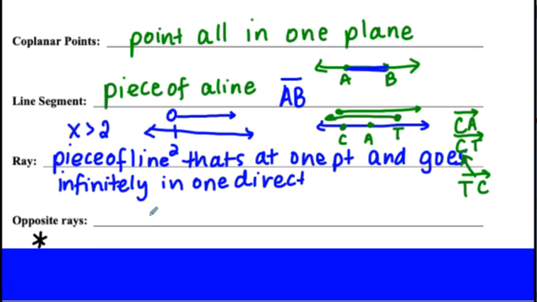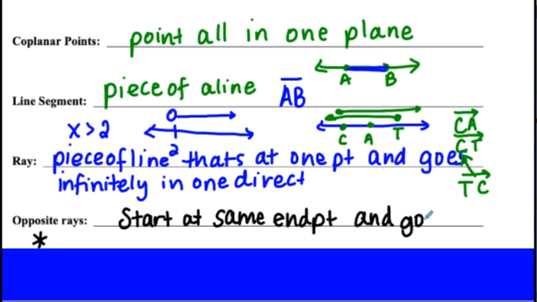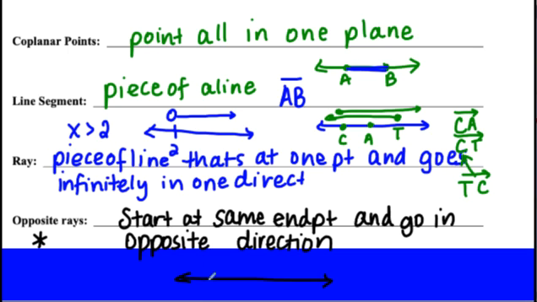Opposite rays. Opposite rays start at the same endpoint and go in opposite directions. So A, B, C. If I wanted to start at the same endpoint, I'm going to start at B. Let me not use blue, let me use red.